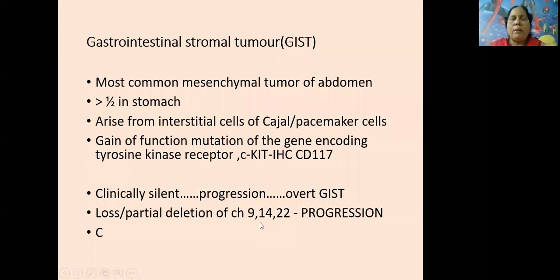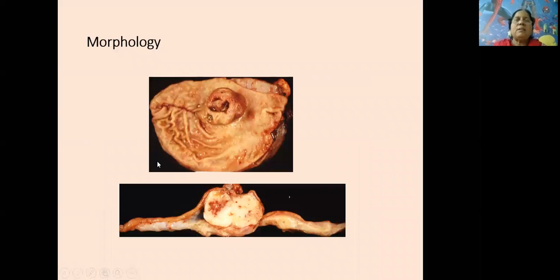Where do you come across these? Remember CML? The same treatment, imatinib, a tyrosine kinase inhibitor, is the treatment for this. Morphologically, this can be a large, fleshy tumor, smooth with a whorled appearance.